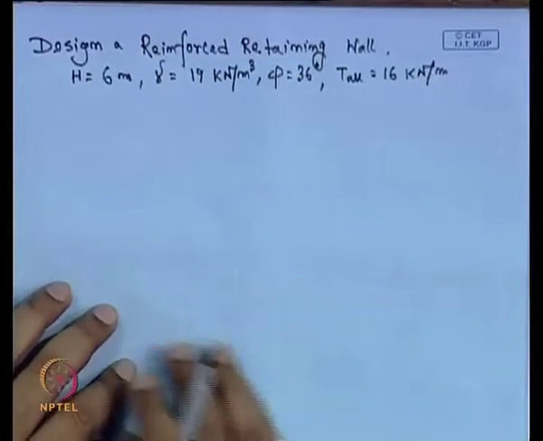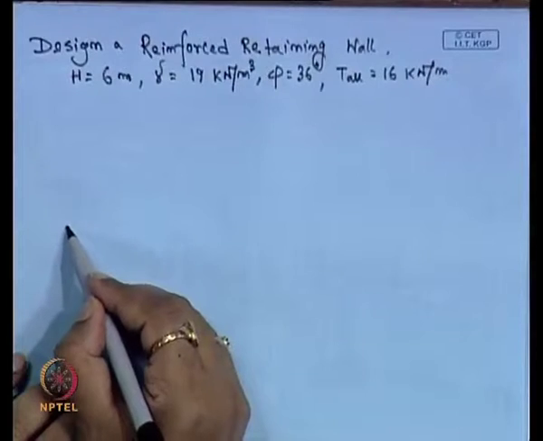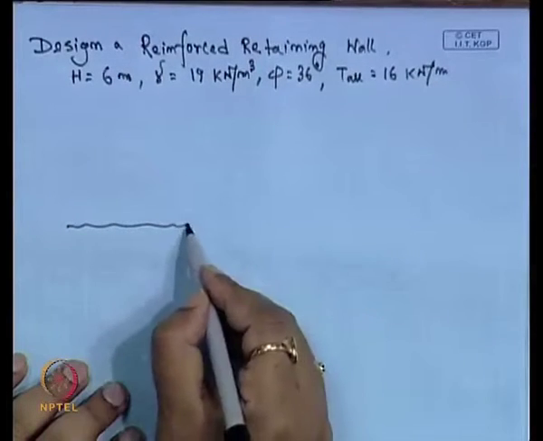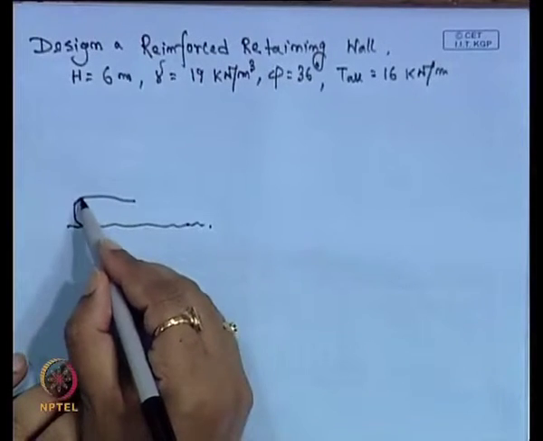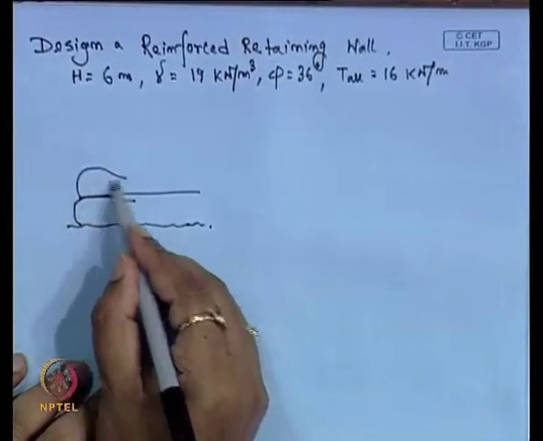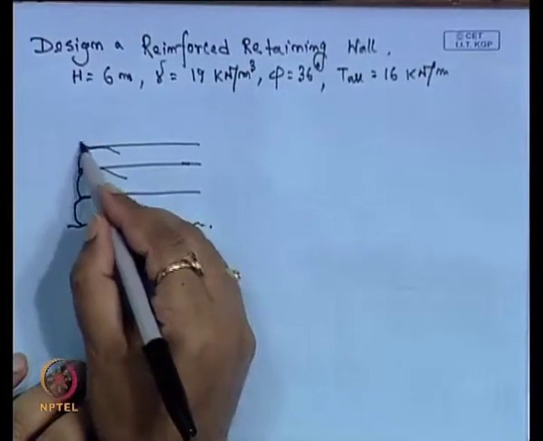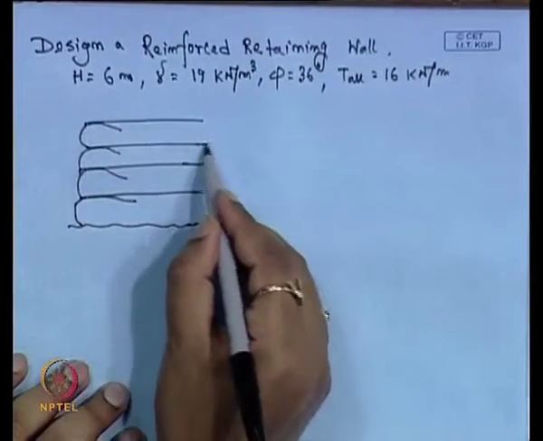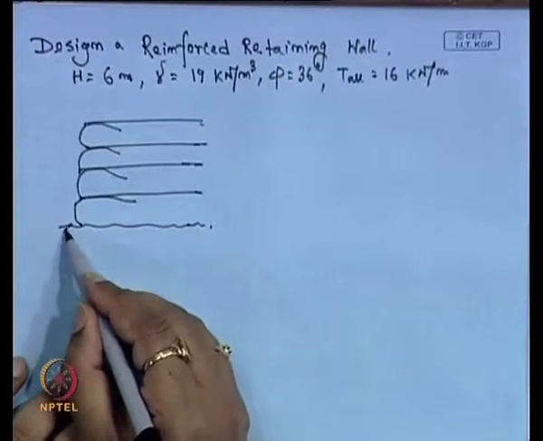As I have mentioned, this is the existing soil, and above that these retaining walls are constructed. So, the properties of these two soils can be different.